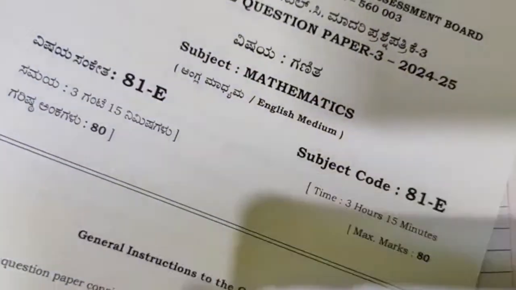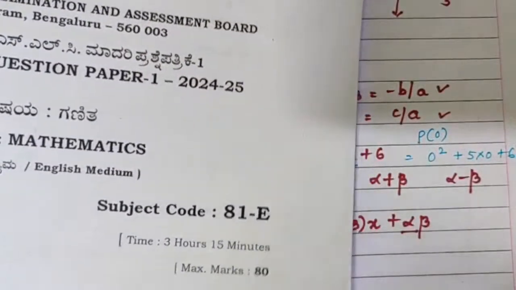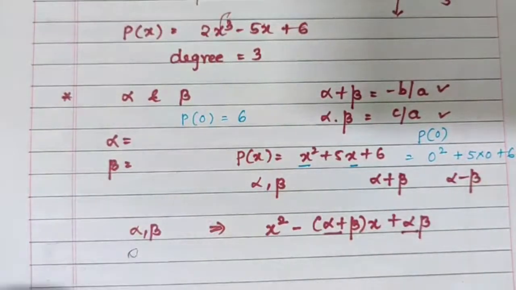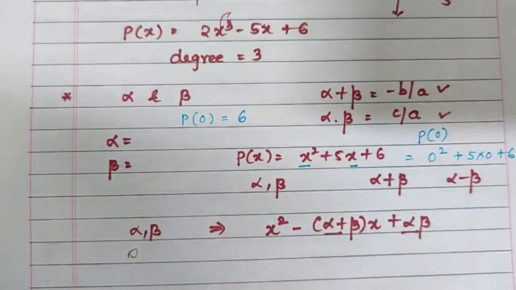Do download and try to solve all these model papers. Try to learn each and every question in the model paper so that it will be very beneficial for your examination.